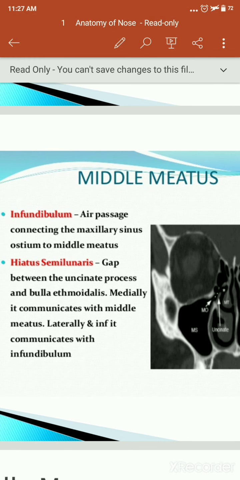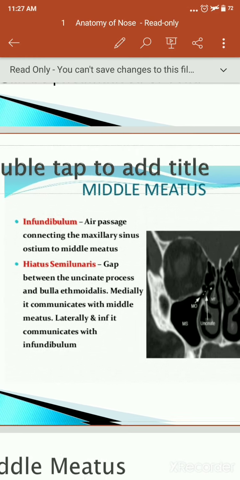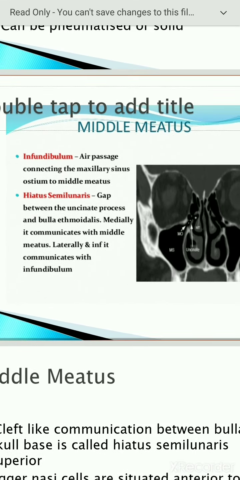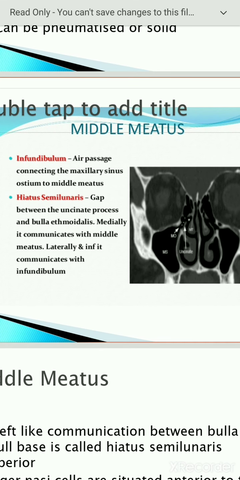If you can appreciate in this CT scan, we have tried to show you infundibulum. Infundibulum is an air passage connecting the maxillary sinus ostium to middle meatus. What is hiatus semilunaris?